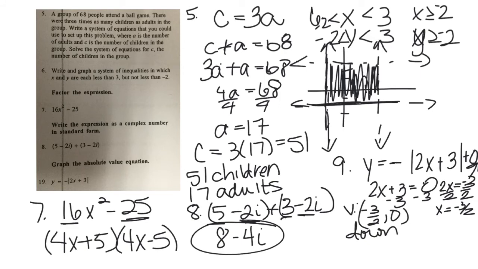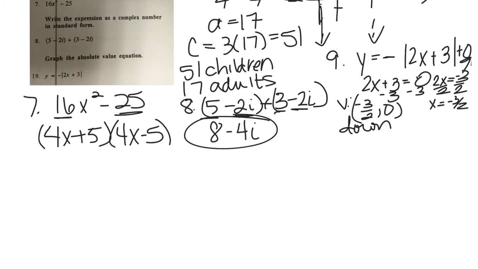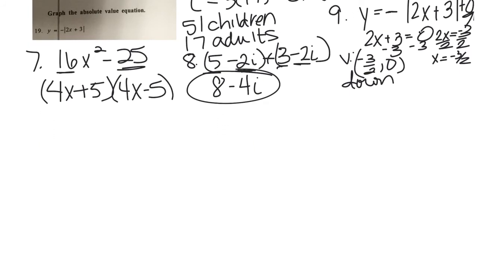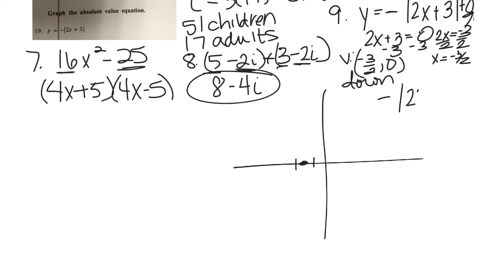So let me make some space. We're going to draw this. 1, 2, so negative 3/2, comma 0 would be here. And it opens down, so let's pick a point. Let's pick 0. Negative 2 times 0 plus 3.